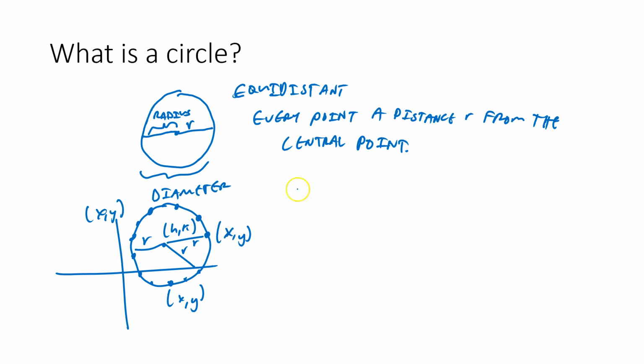We're going to use the distance formula to do that. So r is equal to the square root of the difference between the x's, which we said the center is h, k, and we're going out to any x, y on the outside of the circle. So it's x minus h, that's the difference of the x's, squared, plus y minus k, that'll also be squared. So this is the distance to any point.